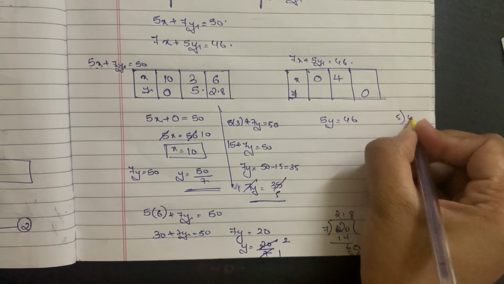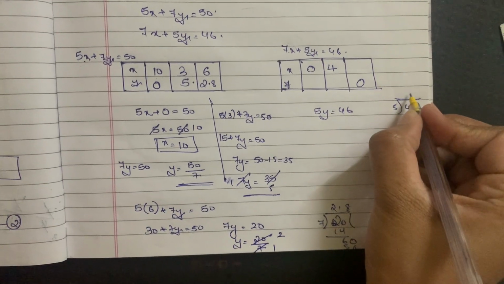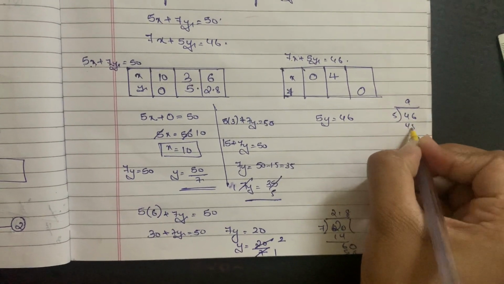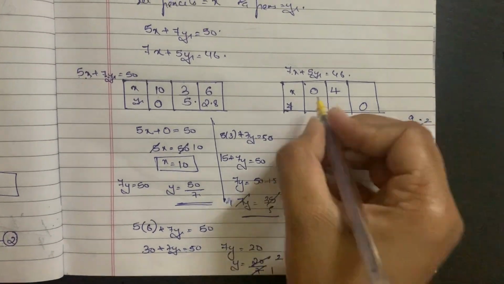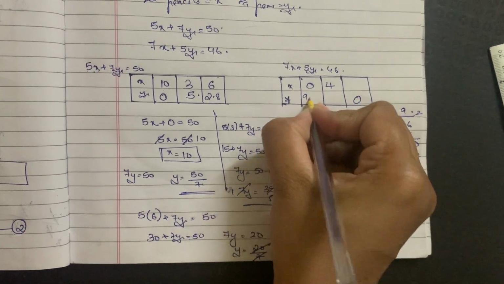Dividing 46 by 5, 5 9's are 45, put a decimal, and it becomes 9.2. So when x is 0, y is 9.2.